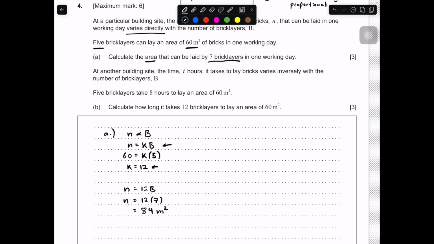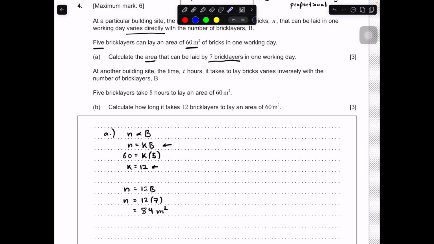So just to review that once again, because I think there's potentially a lot going on here. They told us that the number of square meters of bricks is proportional to the number of bricklayers. More bricklayers, more bricks that we can lay. But the number of bricks that we can lay isn't just equal to the number of bricklayers, it's multiplied by some constant. And the question is, what is that constant? Thankfully, they give us essentially a coordinate point.